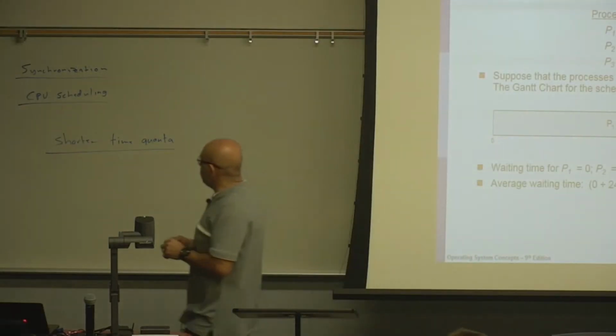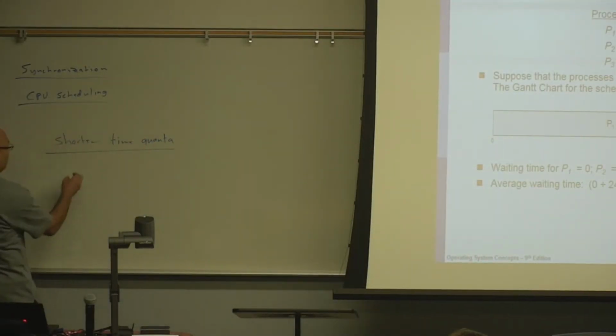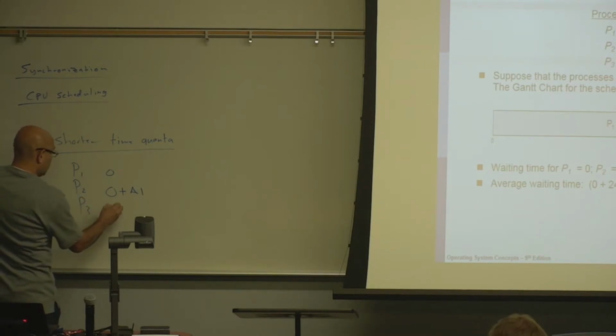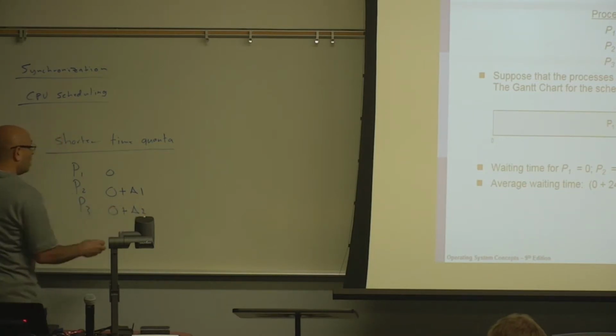By the way, we assume that P1 arrived at time 0, P2 arrived at time 0 plus delta 1, and P3 arrived at time 0 plus delta 2, where delta 2 is greater than delta 1, and both delta 1 and delta 2 are much smaller than the CPU bursts.